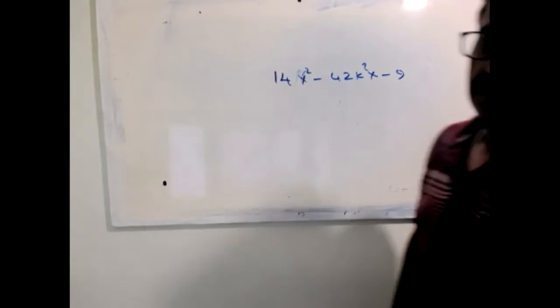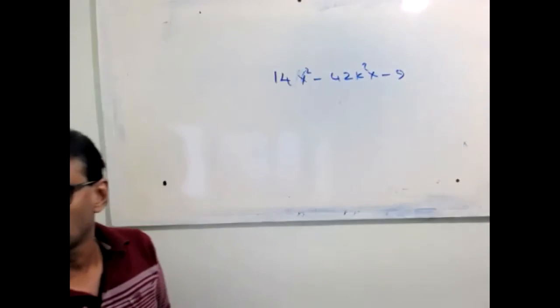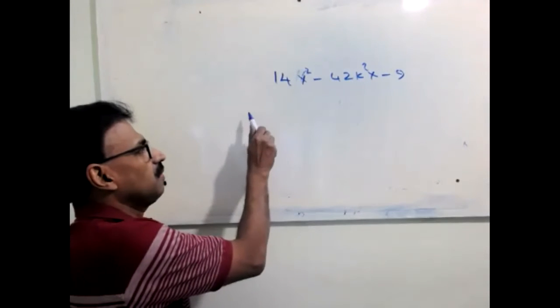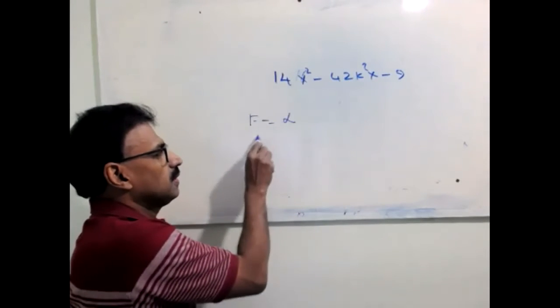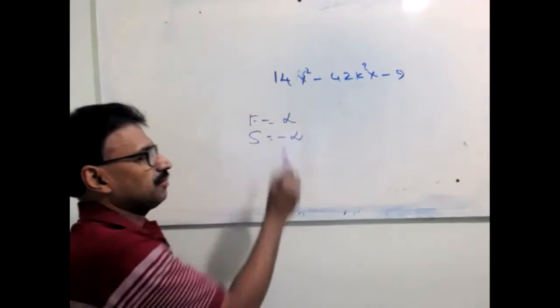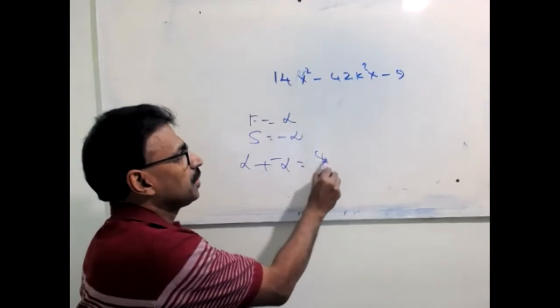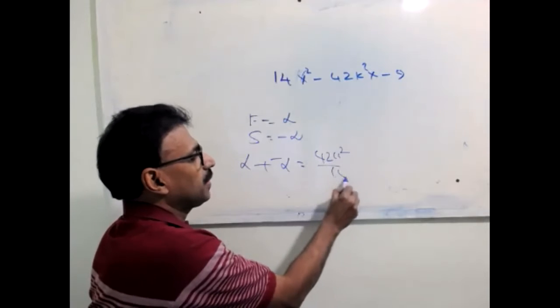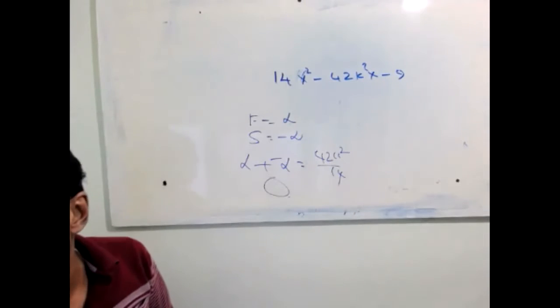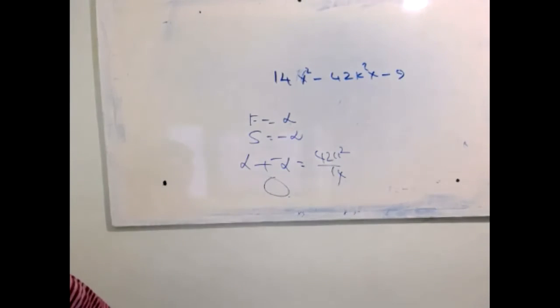The answer is k equals 0. Why? The first zero is alpha, the second is minus alpha. Alpha plus minus alpha equals 42k square by 14. But this side is 0. That means k equals 0.